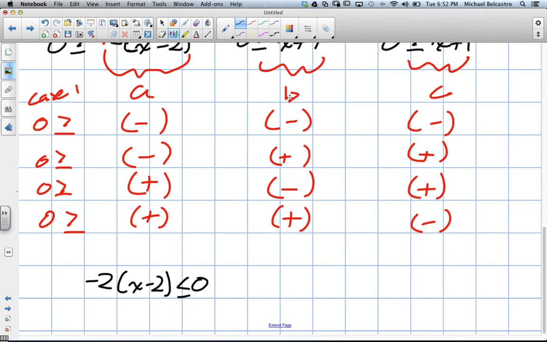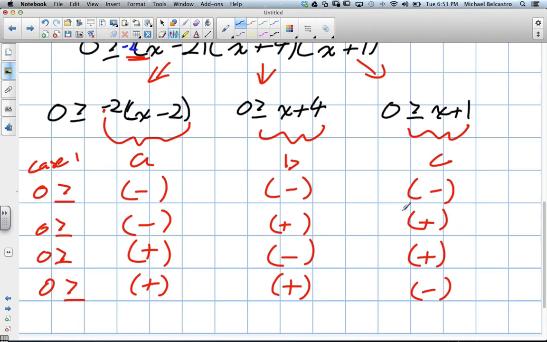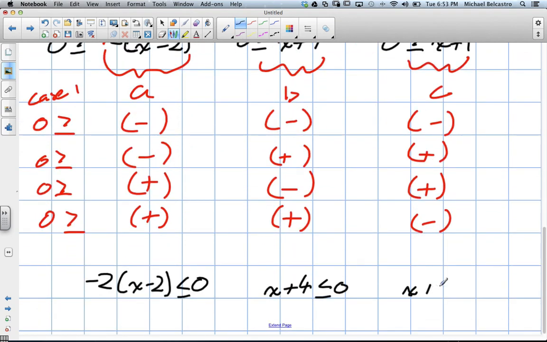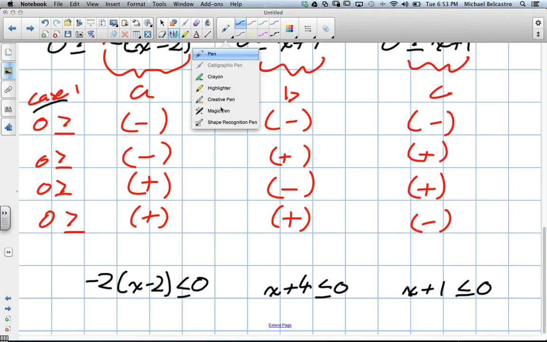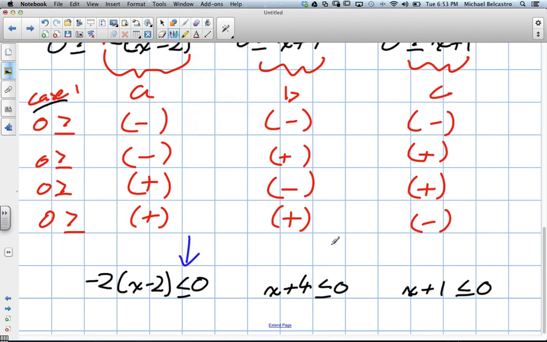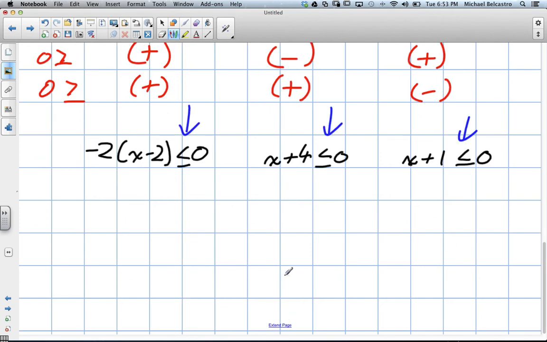Then we're looking at x plus 4 when it's less than or equal to 0. And finally, x plus 1 when it's less than or equal to 0. That's for case 1 when all three are negative, and that's how we set up the inequalities. Essentially, they're all negative, and we solve for them.